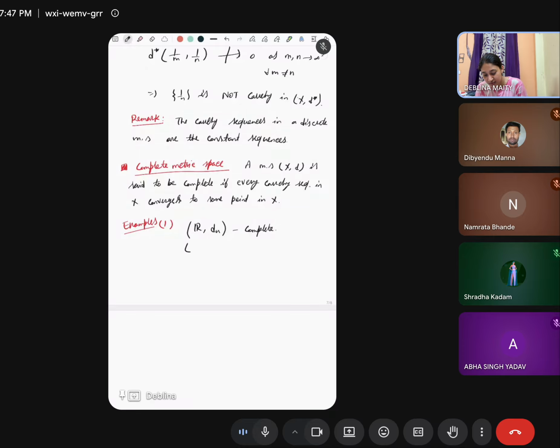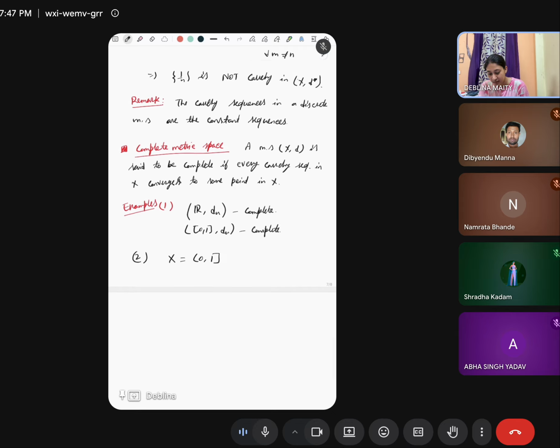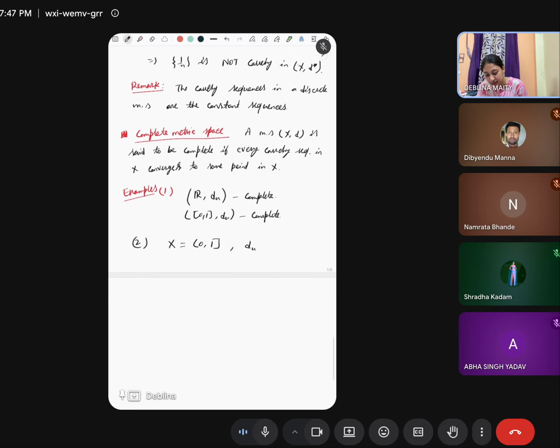And also [0, 1] with the usual metric is complete. Now for the second one, if we take X to be the interval (0, 1], and d is the usual metric, is it complete? This is an easy question.